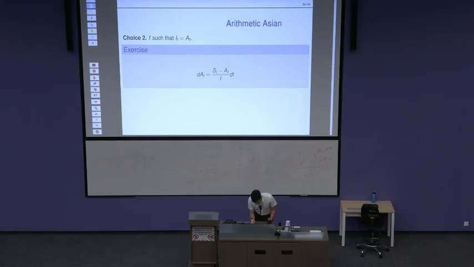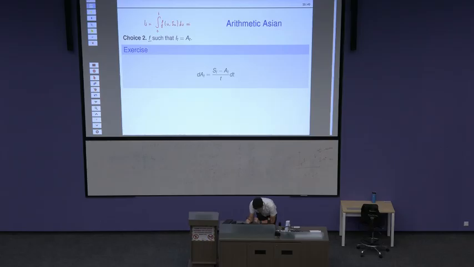I could also choose f in such a way that at all times t, IT is the same as At. So in other words, it is the same as the integral from 0 to t over some function f that depends on time and on u, where I denote the time by u now, f du.